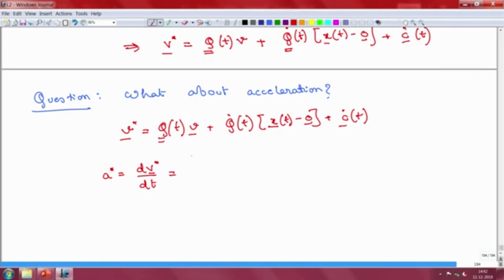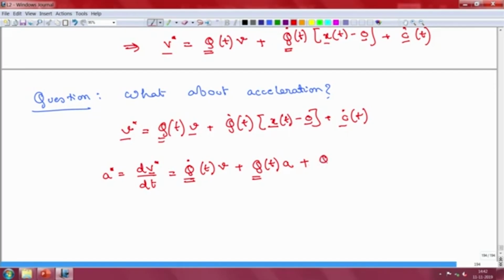So, let us see what we get. We will get Q dot transpose times V plus Q transpose times acceleration, differentiating the first one.